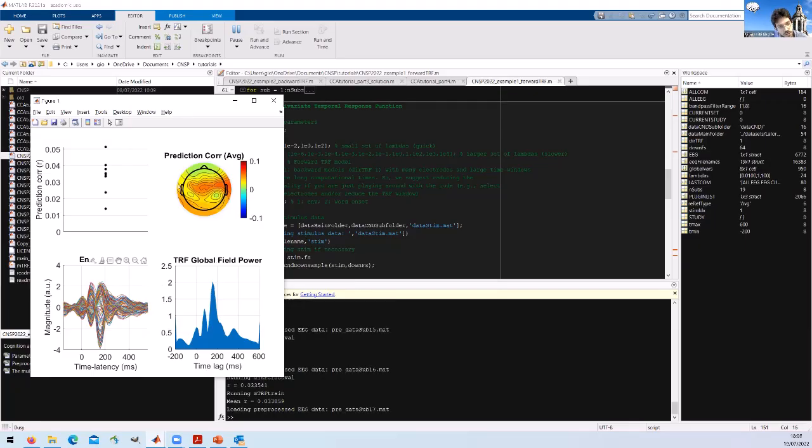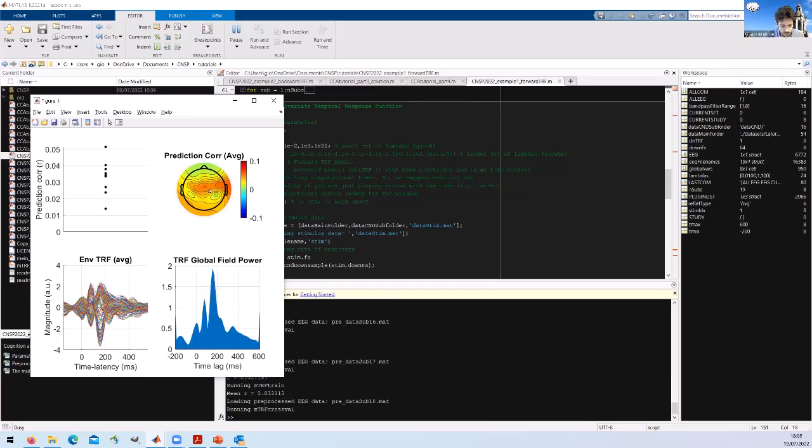And here you have the prediction correlation accuracies plotted on the scalp. Now, the reason this topography looks strange, in the sense that it's not just over temporal areas, is because this is global average referenced. So you're averaging all of the electrode signals, and you're subtracting each electrode by the average.